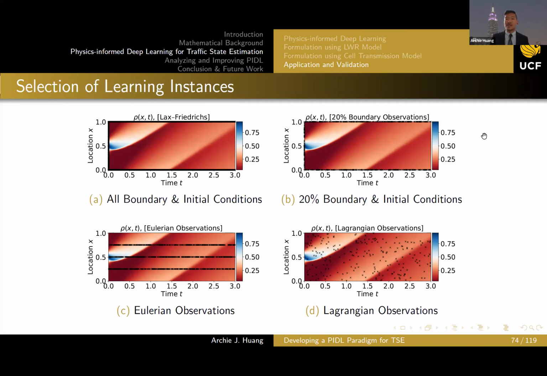Or even more realistic, you would have data as learning instances in sub-figure C or D. In C, the black marks mark the traffic observations from stationary sensors. And in D, that data can be collected from, let's say, connected autonomous vehicles or probe vehicles such as GPS data, where you have scarce observations of this entire field.